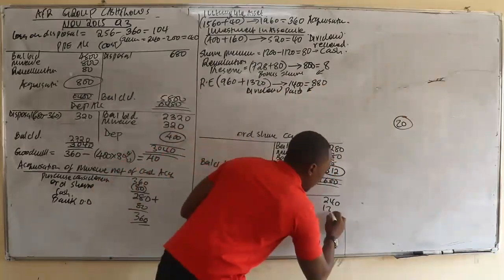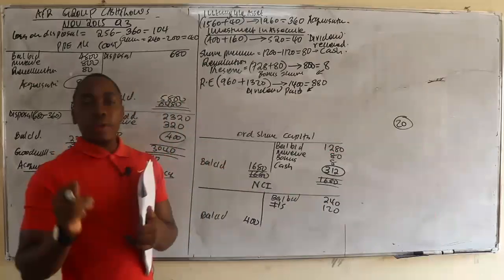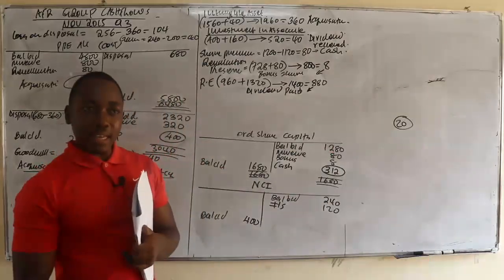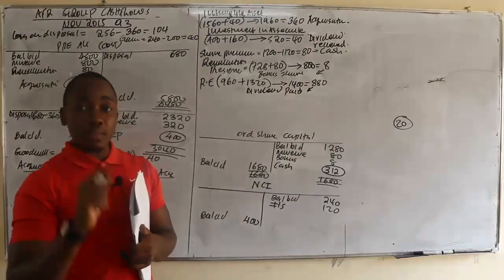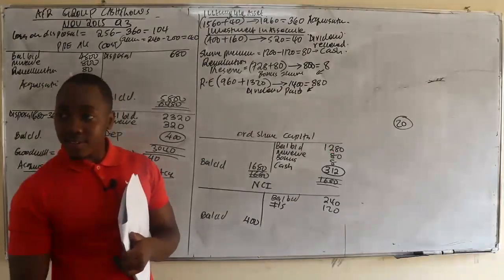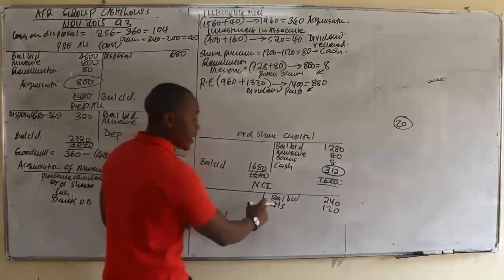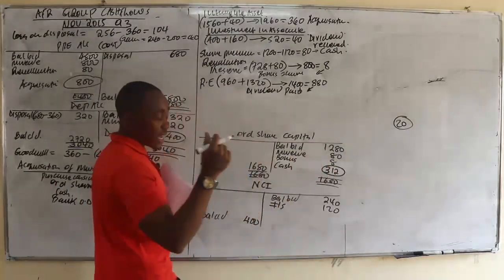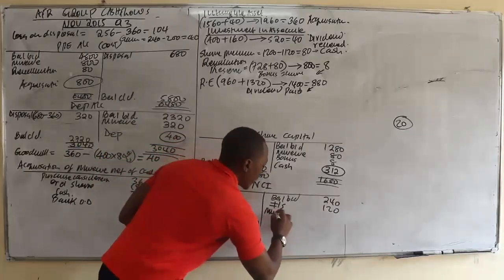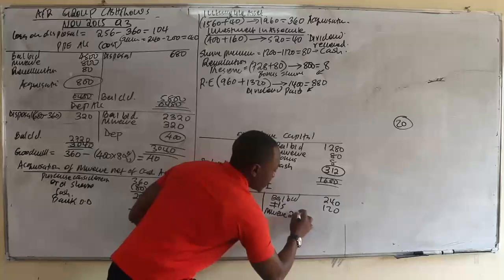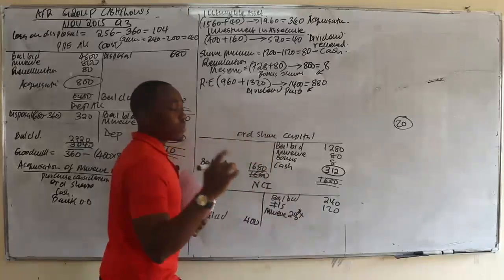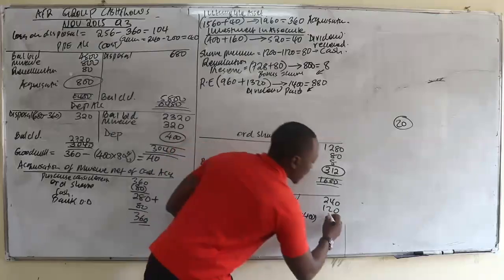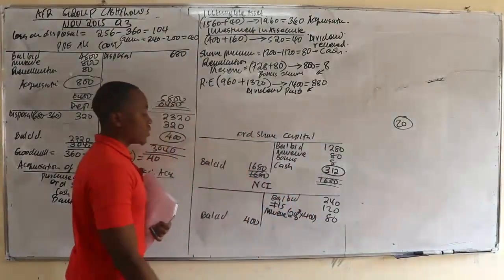120. Then during the year we acquired Mueve, and we are controlling Mueve at 80%. That means our NCI increased by how much? 20%. So when you have the balance brought down, you have to increase, because if you acquire a subsidiary, there's an aspect of NCI. So for Mueve you take 20%, and the net assets acquired were 400. So that is 80.